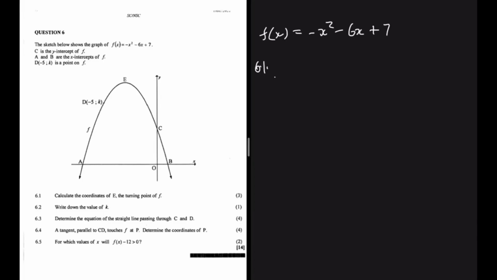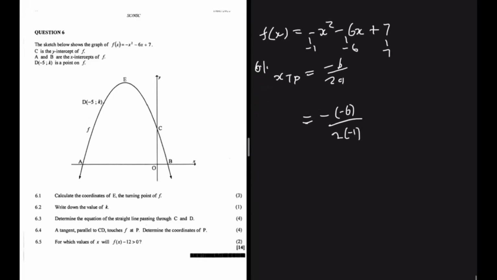Relatively easy. We know that the x of TP, turning point, is equal to minus b divided by 2a, right? So from my equation, we know that a will be minus 1, and then b will be minus 6, and then c will be 7. So minus b will be 6, and then a is minus 1, so we're gonna have minus 2 there.